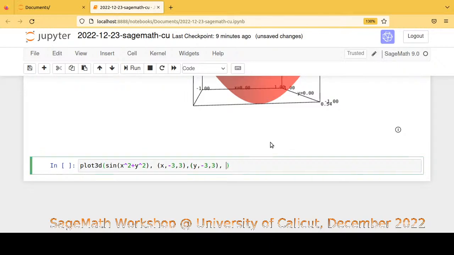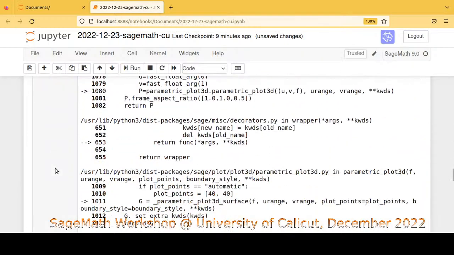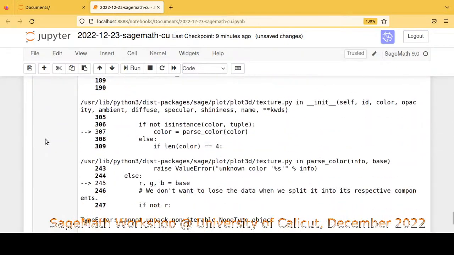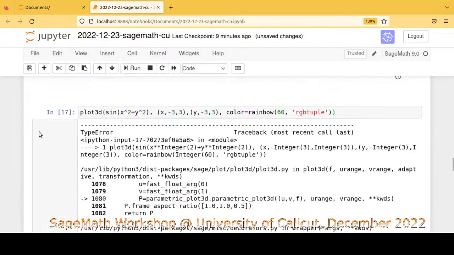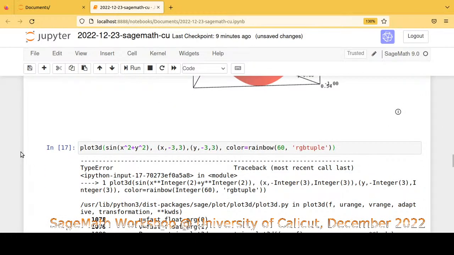And some extra coloring options are here, like rainbow coloring option. Let us see the effect of this command. Color equal to rainbow.